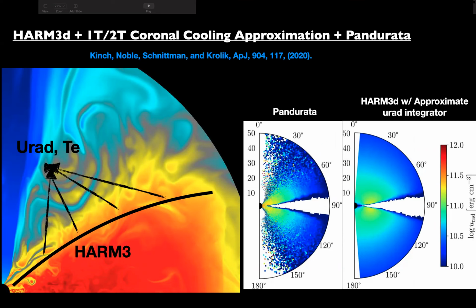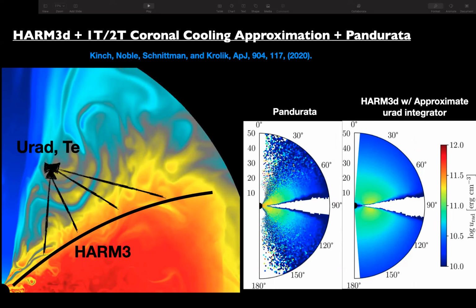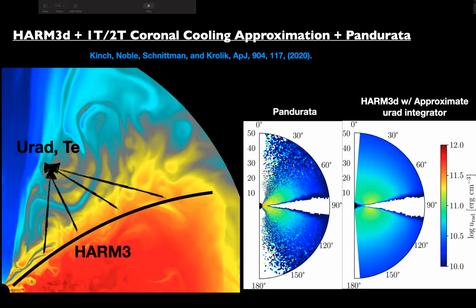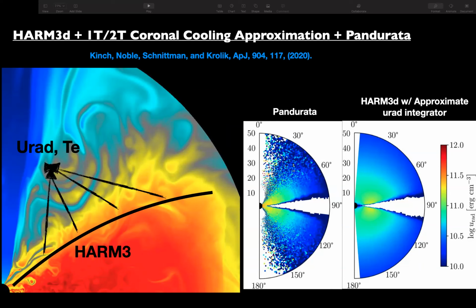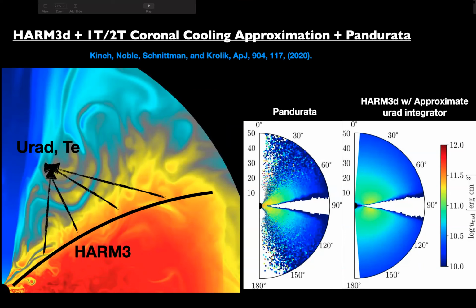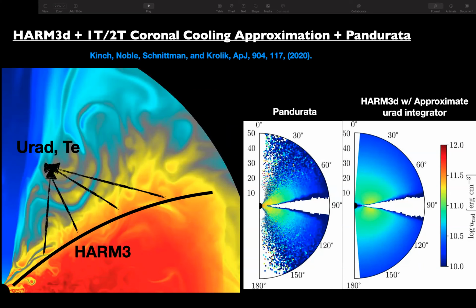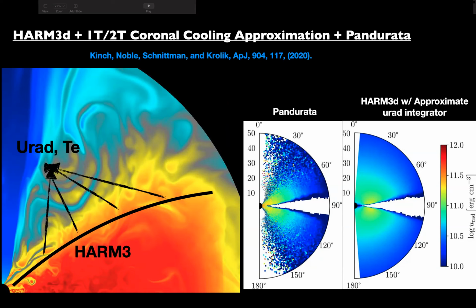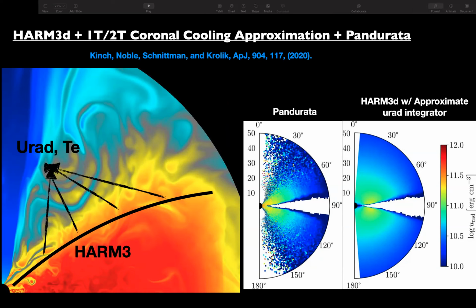But maybe you can do this in an ad hoc way that approximates it pretty well, and actually do that cooling self-consistently in the simulation. Right now we do a kind of post-processing step, but we want to do this all self-consistently. You could marry Pandorata and Harm together so that Pandorata tells Harm to cool it at this rate. That's an outstanding problem to be solved.